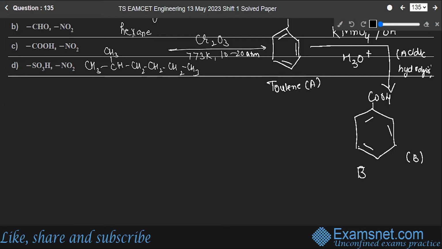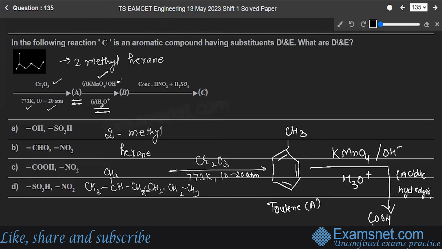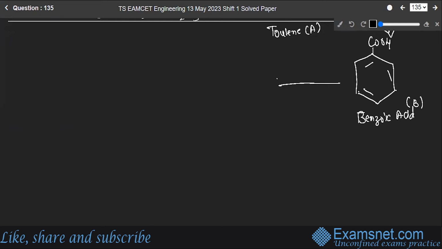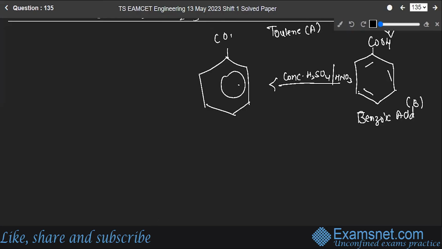This is your benzoic acid. Now, benzoic acid undergoes nitration in the presence of concentrated sulfuric acid and HNO3 to give you this, COOH and NO2 over here.